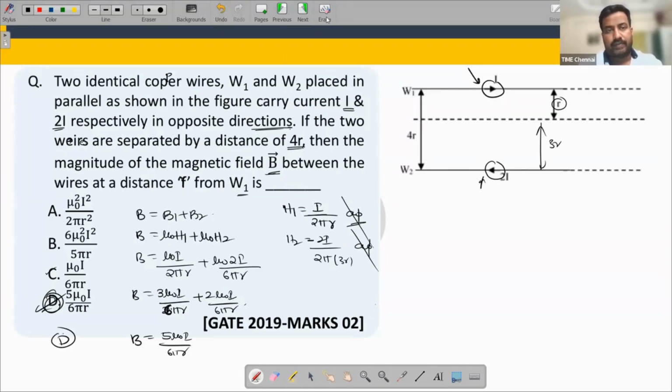That's why when you are doing this with parallel wires, you should be very, very careful. Any doubts here? This is a multiple concept, infinite line and parallel wire together.